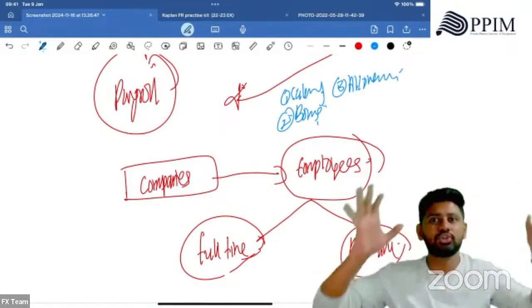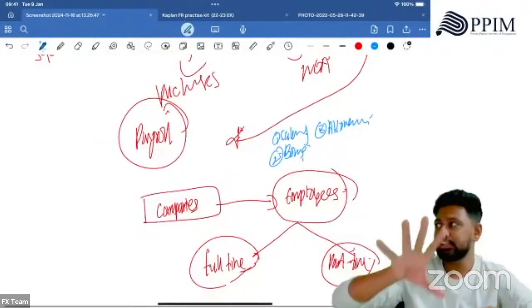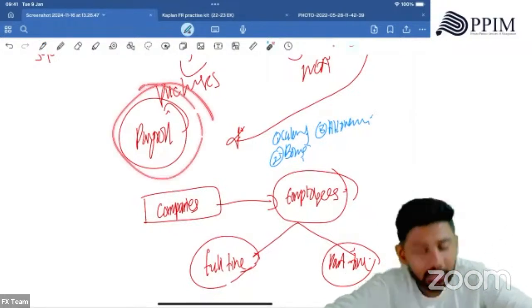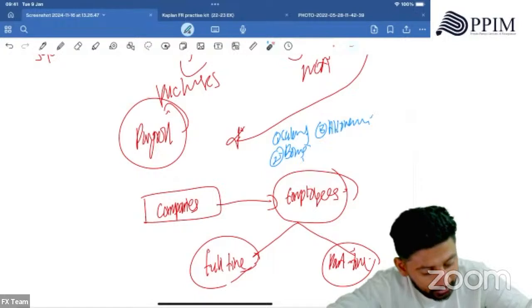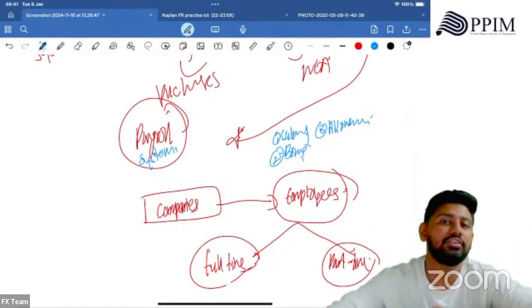All of this needs to be captured in a system, and that's where a payroll system comes into play. A company needs to have a payroll system.